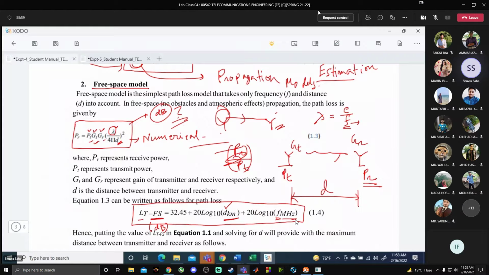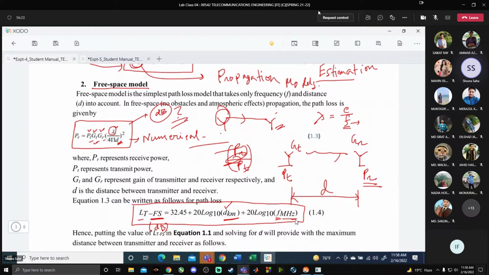Then you will get this equation. So we have considered some generalized gains and we got this equation. Okay, so this is the free space path loss model. So this type of an equation is called path loss, propagation model equations. Okay, so এটা হচ্ছে free space propagation model to estimate the path loss.